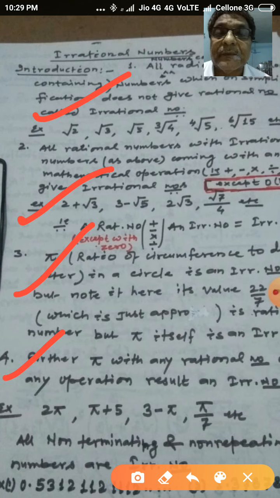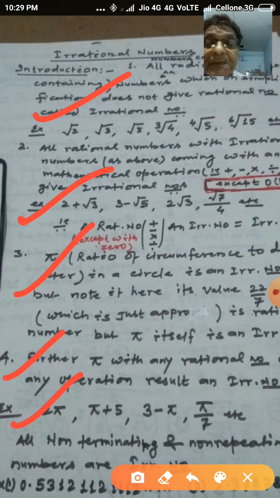In case you take 0, then the result will be a rational number, otherwise all are irrational. Examples are 2 pi, pi plus 5, 3 minus pi, pi by 7, etc., where one rational number and pi, which is irrational, are taken under any operation, say multiplication, addition, subtraction, division. So these are also irrational numbers.